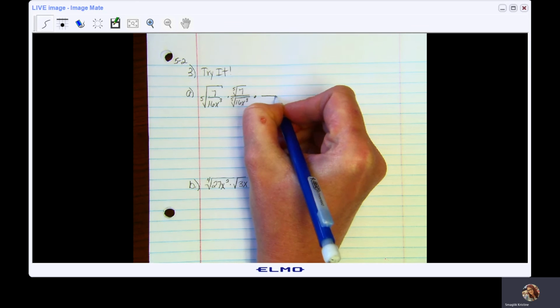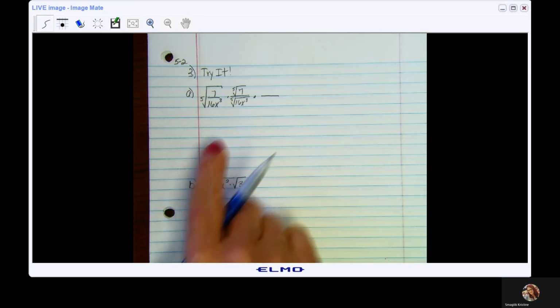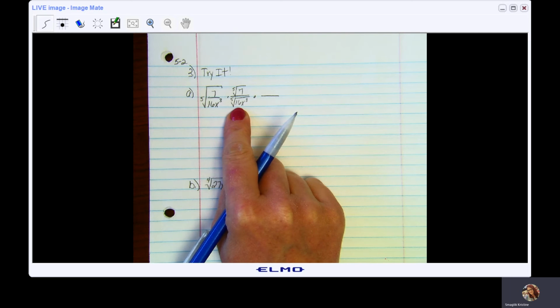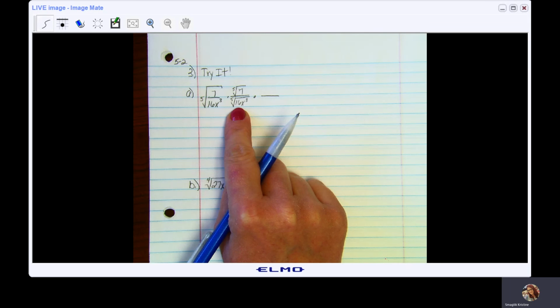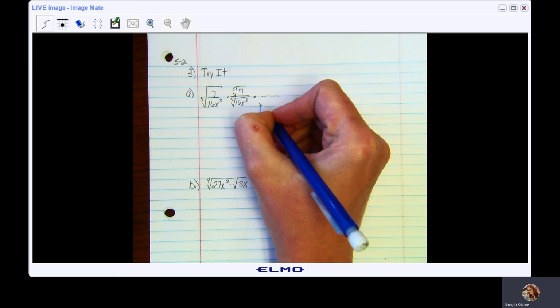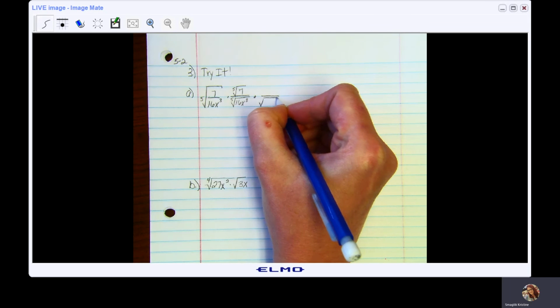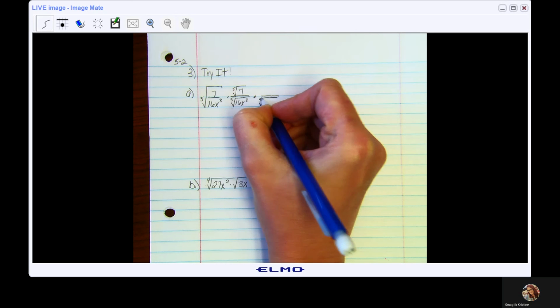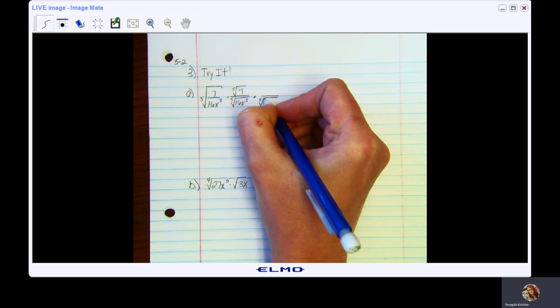We're just going to jump right into this. I've got a 16. Well, I know the 5th root of 32 is 2. We've used that one frequently. And I also know that if I multiply 16 times 2, I get 32. So I know I'm going to want to multiply by the 5th root of 2.